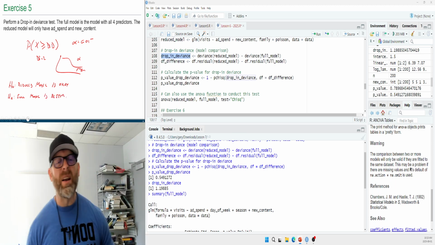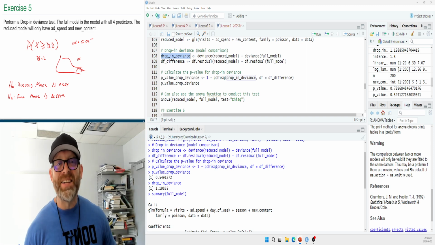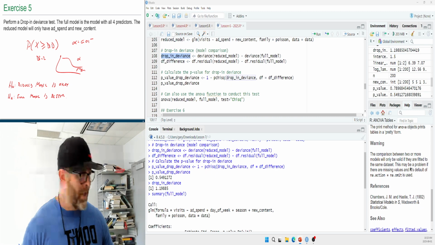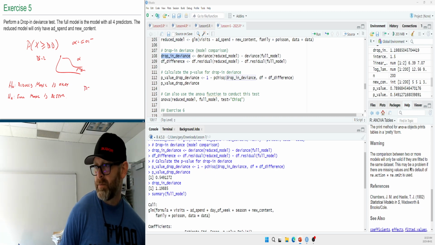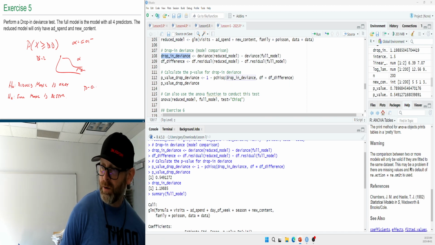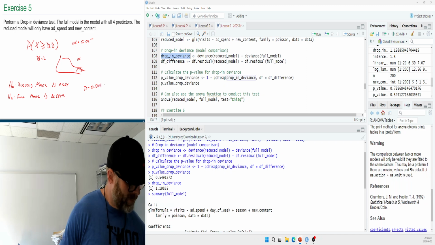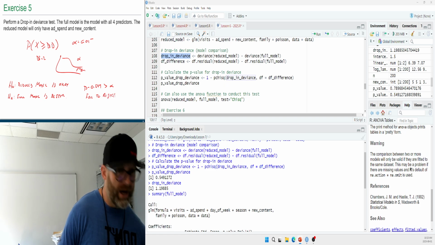I'll write it out a little bit better, go with what we have in the slides, but just as a quick note in there. And so our p-value is 0.54, which is greater than alpha, so we fail to reject.